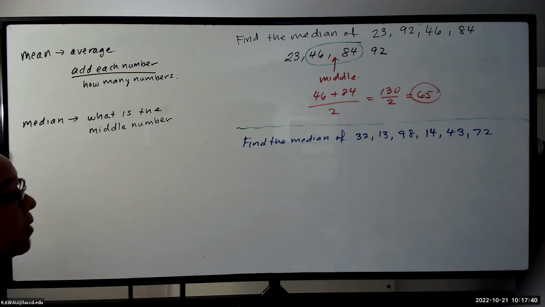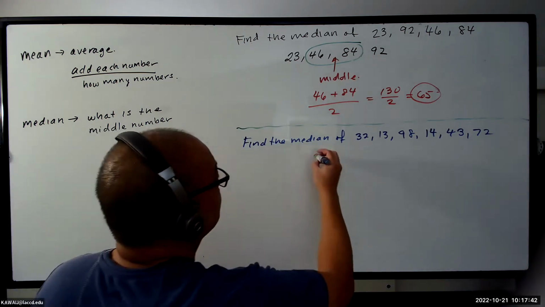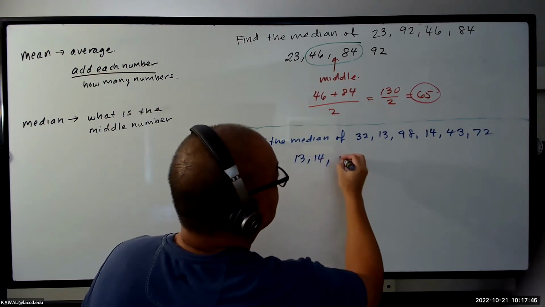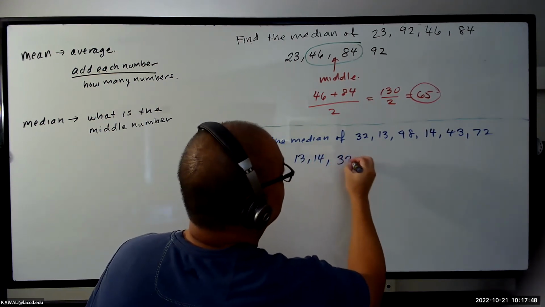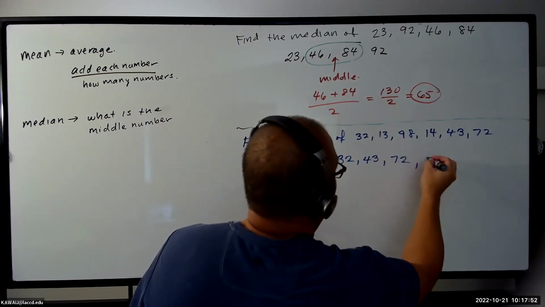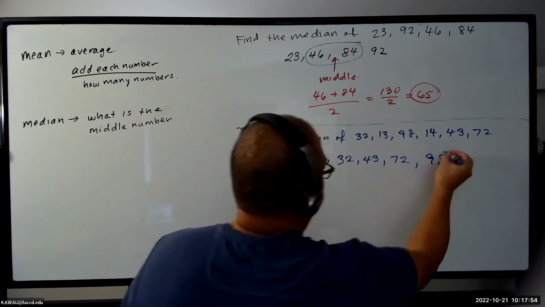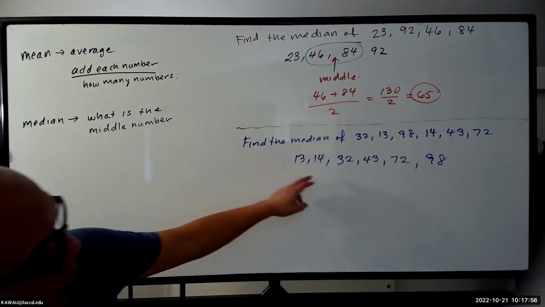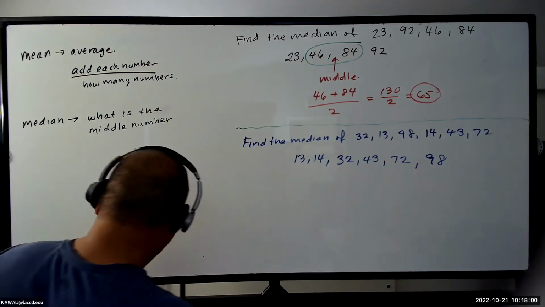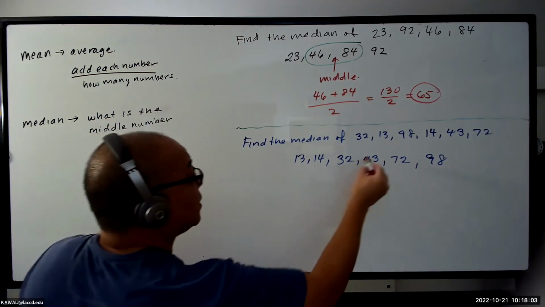So let's write this in the proper order: 13, 14, 32, 43, 72, 98. Now there's 1, 2, 3, 4, 5, 6 of these. So we're going to be taking a look at the middle two.